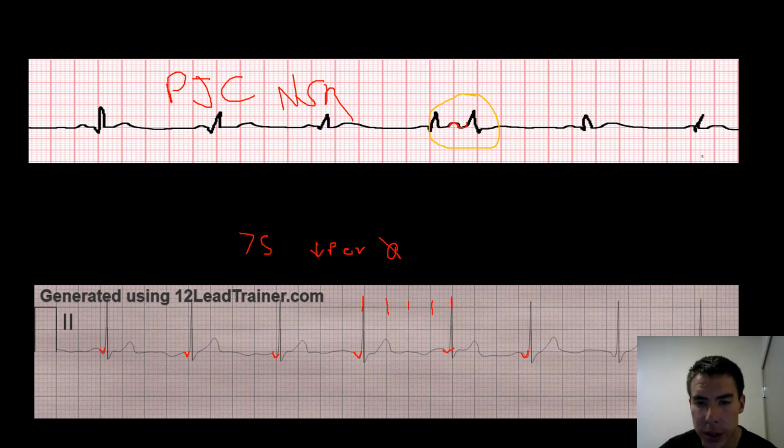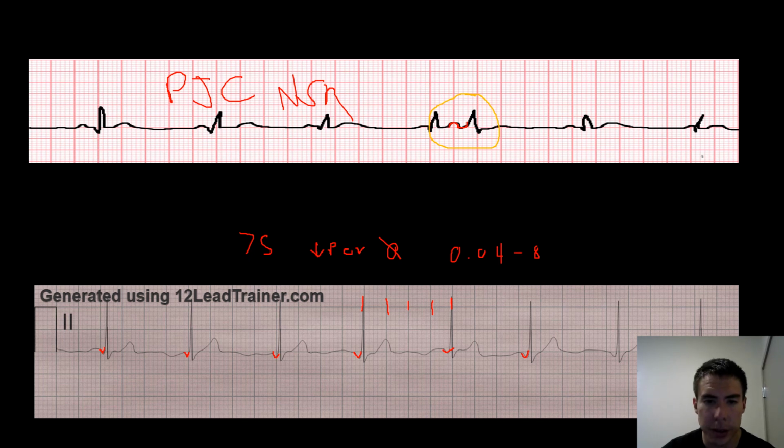Our intervals, PR is about 0, maybe 0.08, but I think it's more like 0.04-ish from what my eyes can see, which my eyes aren't great, but somewhere in there, 4 to maybe 8. So it's short.